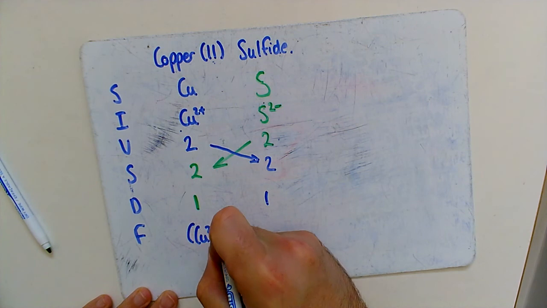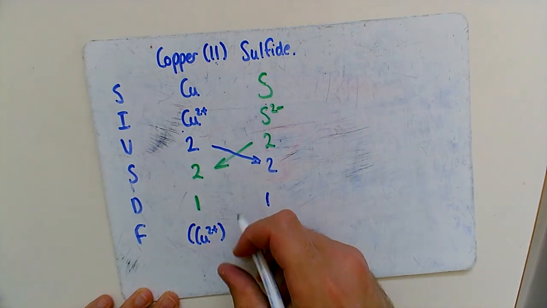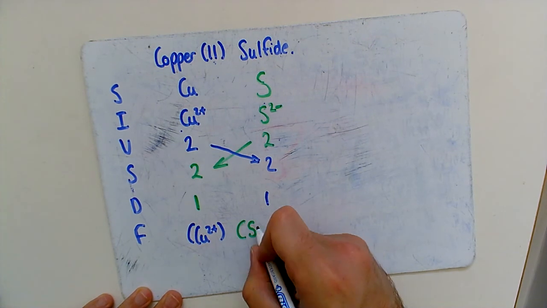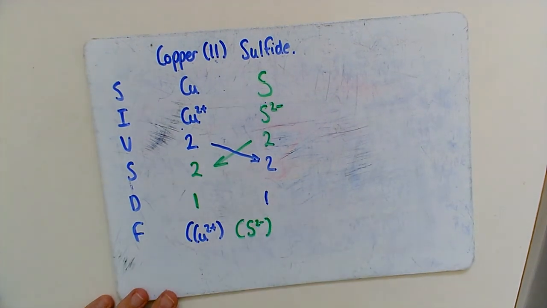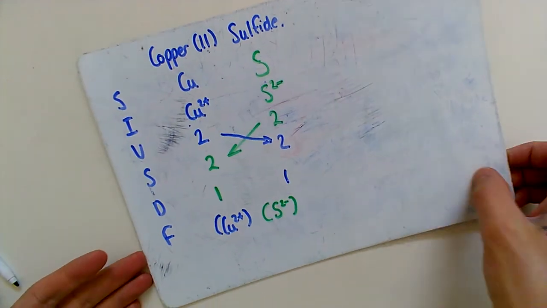Cu2+, and there's a 1, so we don't need to write anything else. And then we have got sulfur 2-. So that's it.